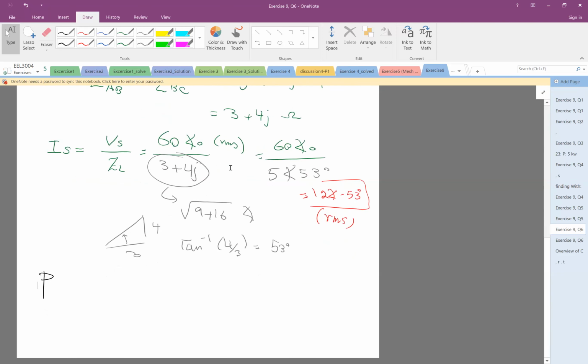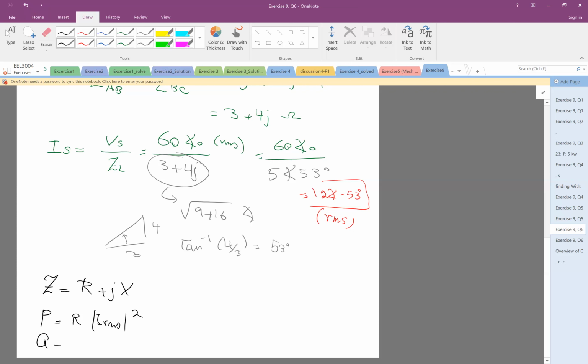If you remember, there is a formula that if we have a load Z as R plus jX, real part and imaginary part, then P is equal to R times the magnitude of I RMS squared.